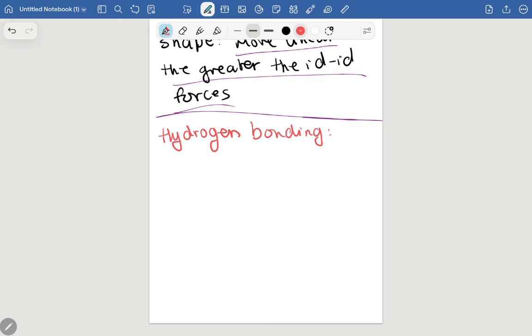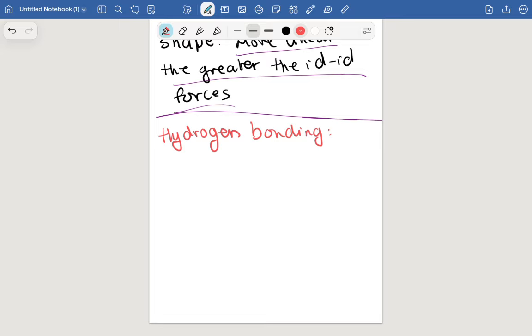Where a hydrogen, which will have a partial positive, will form a bond with either fluorine, oxygen, or nitrogen, because they're highly electronegative. We don't take chlorine, only fluorine, oxygen, nitrogen.